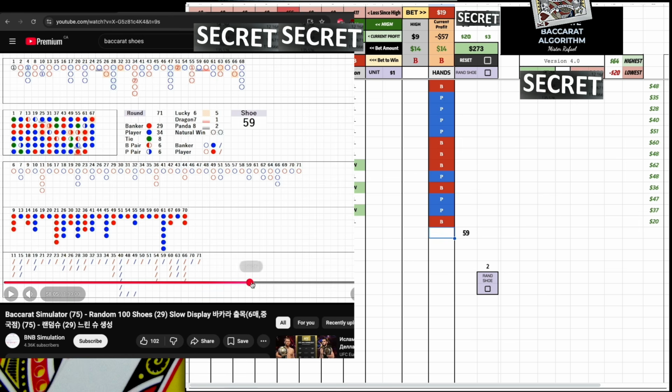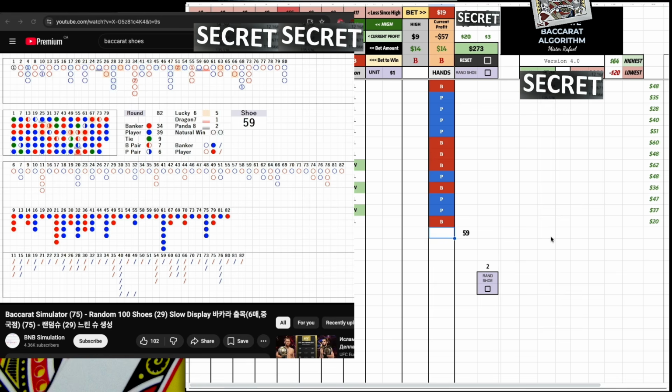Another shoe with the first result being a tie. So we're going to take the first non-tie result, which is banker. All right, if you're following along, just keep that in mind. All right, here we go. Shoe 59 starts off with two bankers.